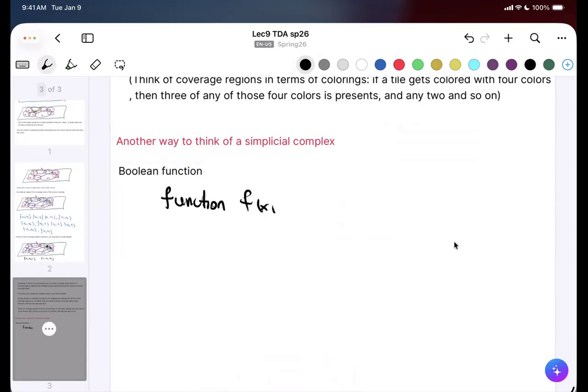It's a function that depends on n+1 variables.